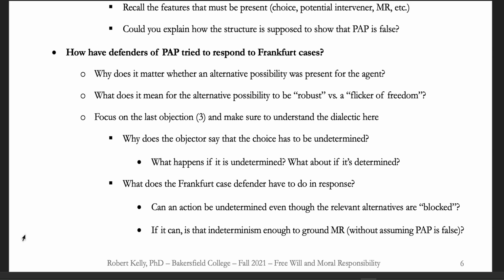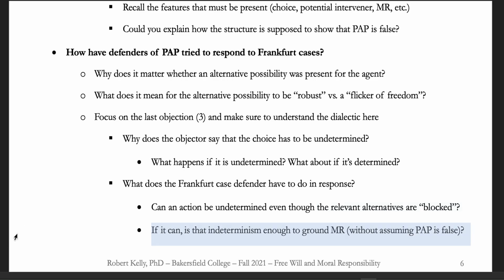You can try, I guess, but even before you try, it's determined that you're going to do A. I don't care what path you take. You're going to do A. That's determined. So if you're responsible for A and you can't do anything other than A, okay, PAP's going to be false. But if it's determined that you're going to do it from the beginning of the case, then you've already begged the question. So they need to be able to say that it's undetermined and block the alternatives.